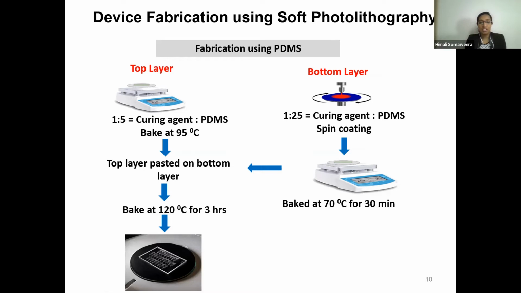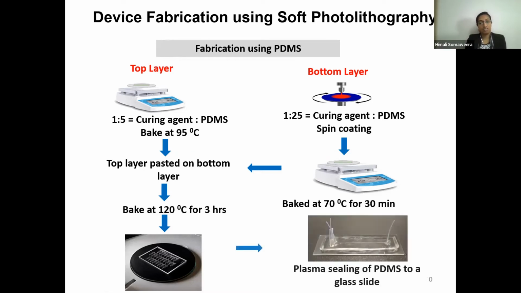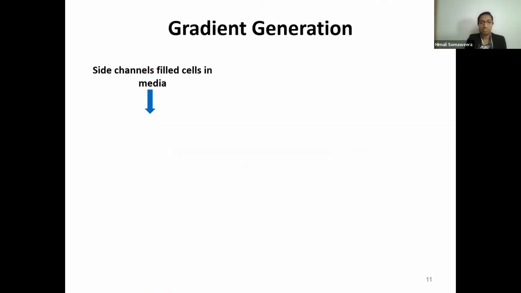Then we bake it at 120 degrees for 3 hours, add the tubing as we want, and get the final design. Then we do plasma sealing to the glass slide using oxygen plasma. So that's the chip design. It's pretty portable and small in size.